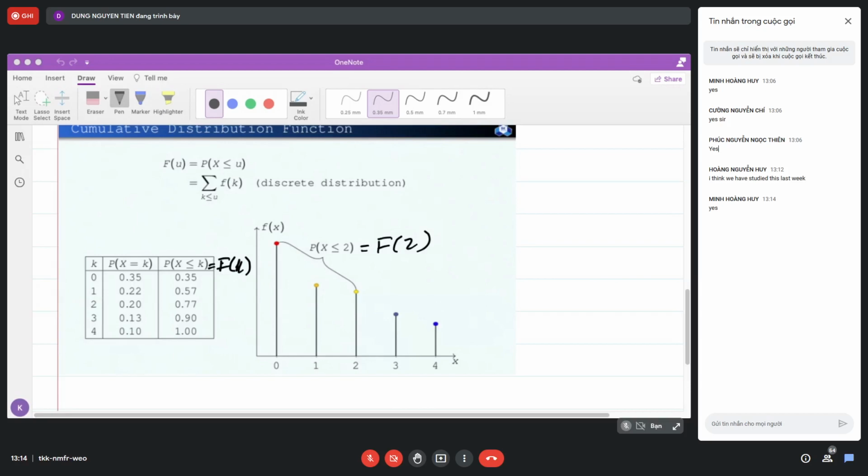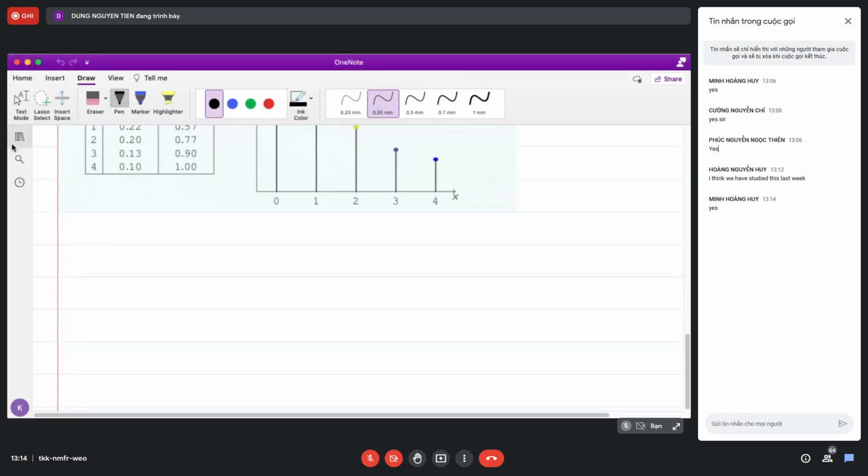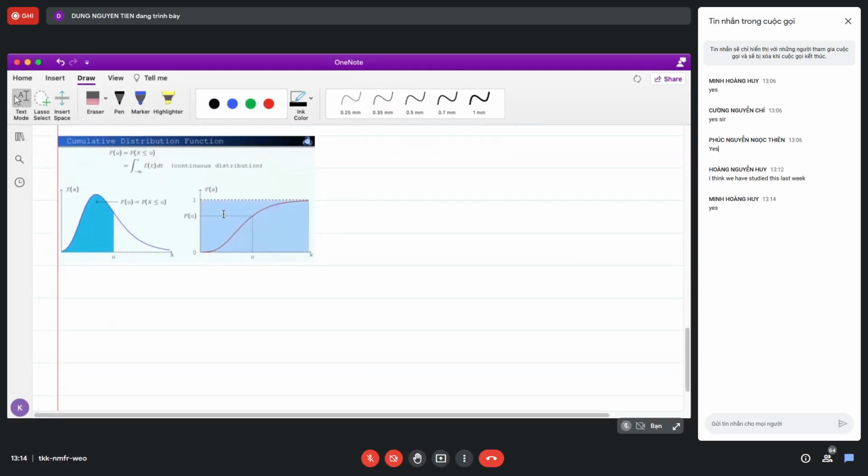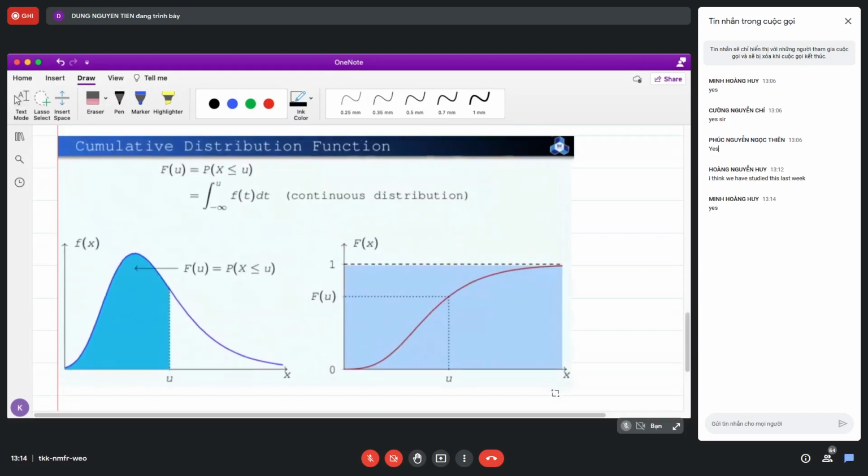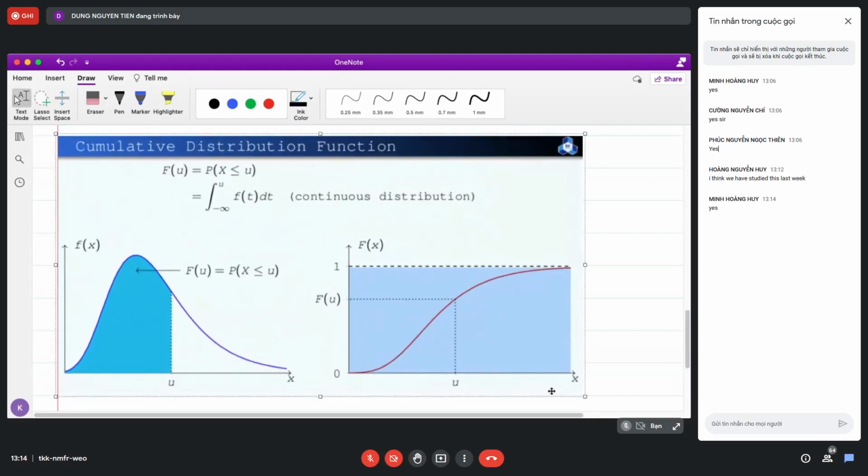And then you need to use the density function to define the cumulative distribution function. So you come up with this one. That is the probability that x is less than or equal to u, which is the integral from -infinity to u of f(t) dt.